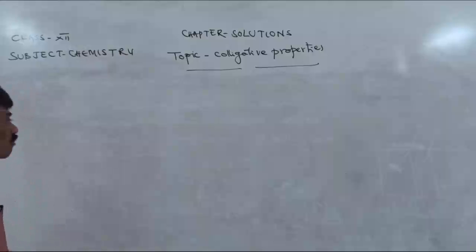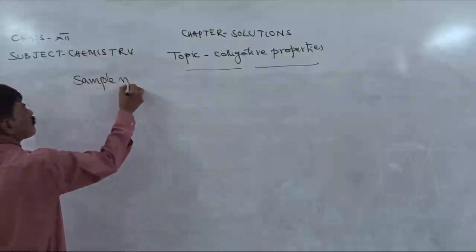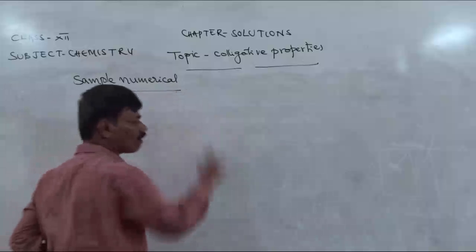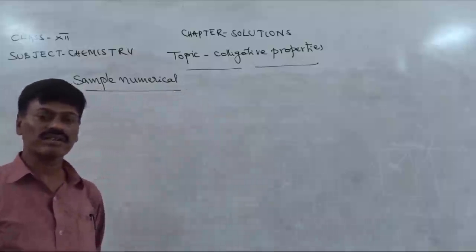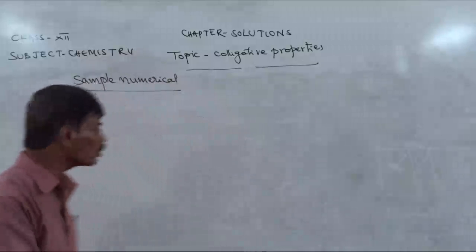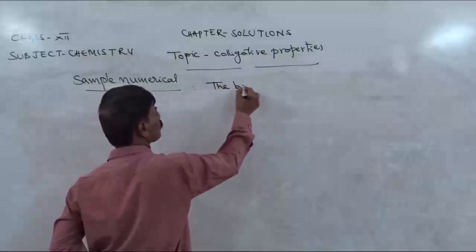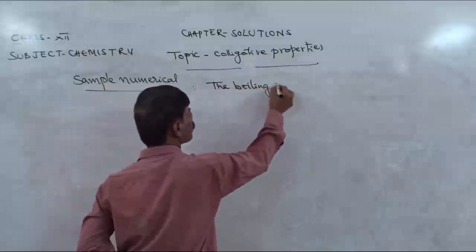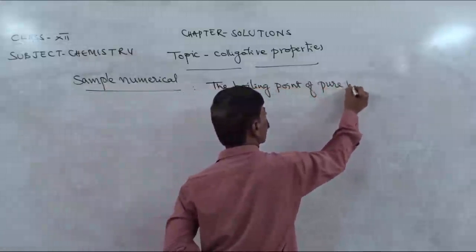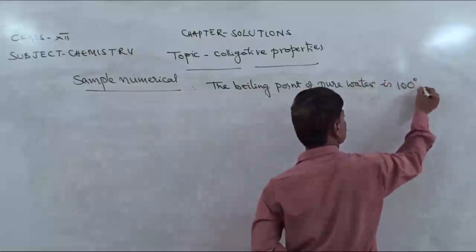Now let us see one sample numerical on the second colligative property, that is elevation in boiling point. The numerical is: the boiling point of pure water is 100 degrees centigrade.